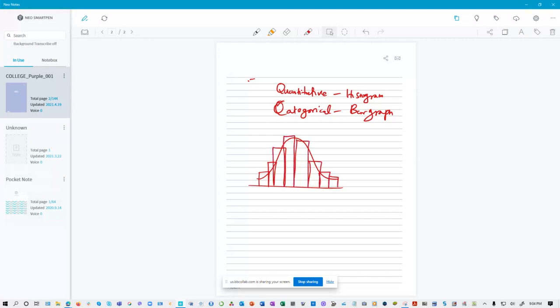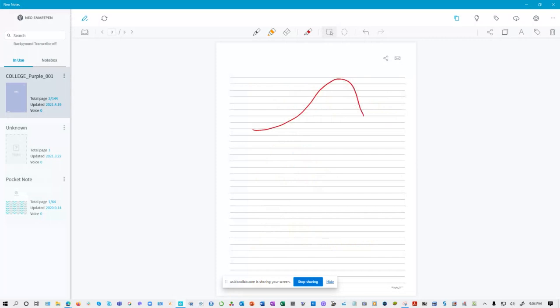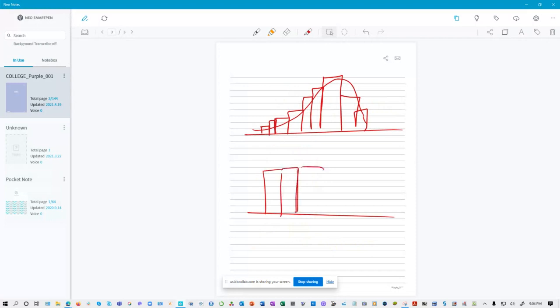You get the smooth curve to get the shape, or sometimes you see right skewed, and on the other hand, left skewed, or sometimes pretty much the same, uniform.